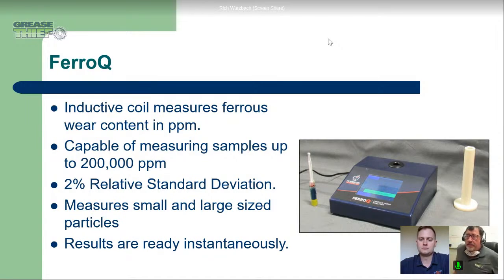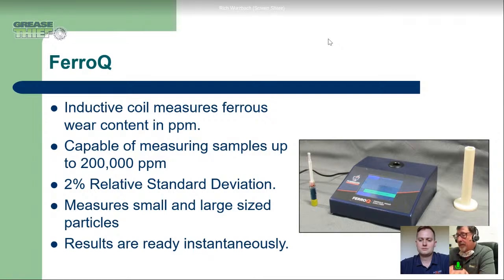You have that measuring capability up to 200,000, and for those of us who've done a lot of oil analysis, that sounds like a crazy number. When we first started doing this, we used some other devices that had a limitation of about 1/10 of that scale, and we saw ourselves going off scale quite often, especially on the blade bearings.